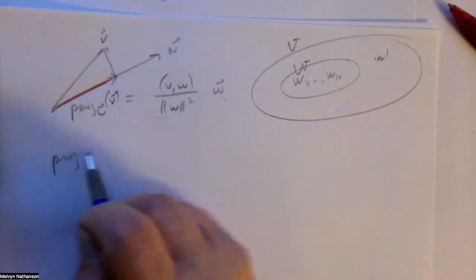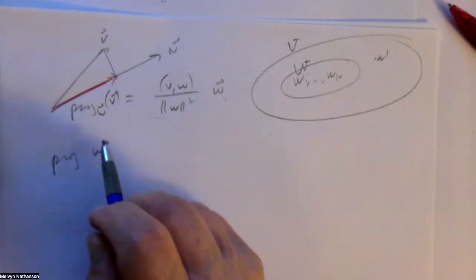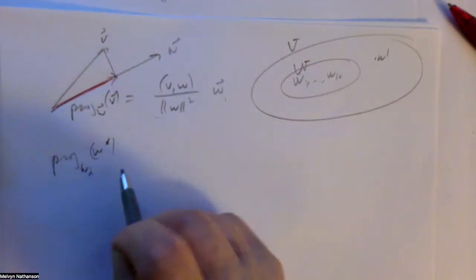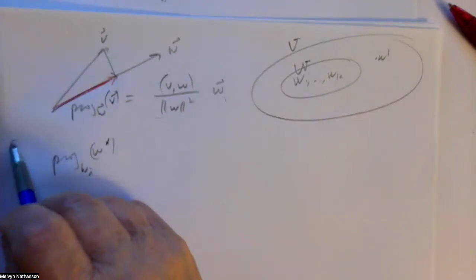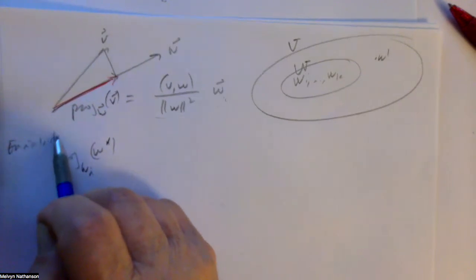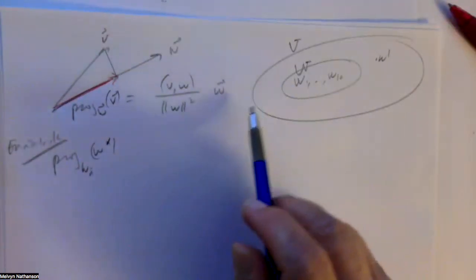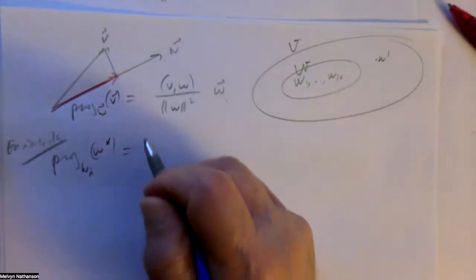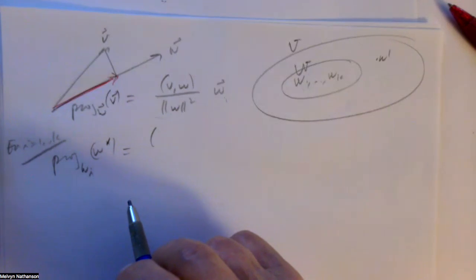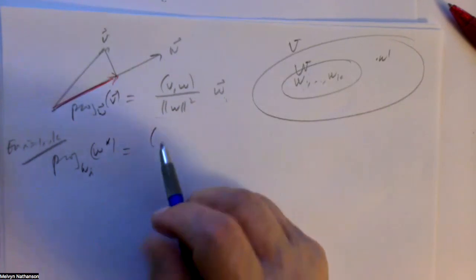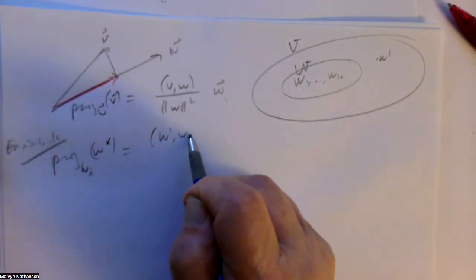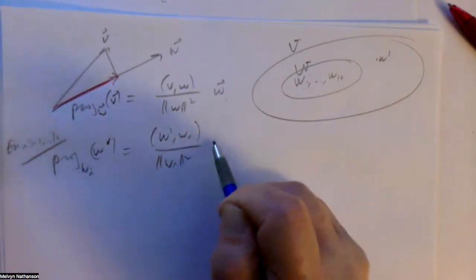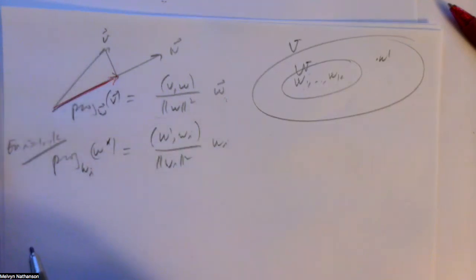So the projection of w prime in the direction of wi, for i going from 1 up to k, is the inner product of w prime and wi divided by the length of wi squared times the vector wi.